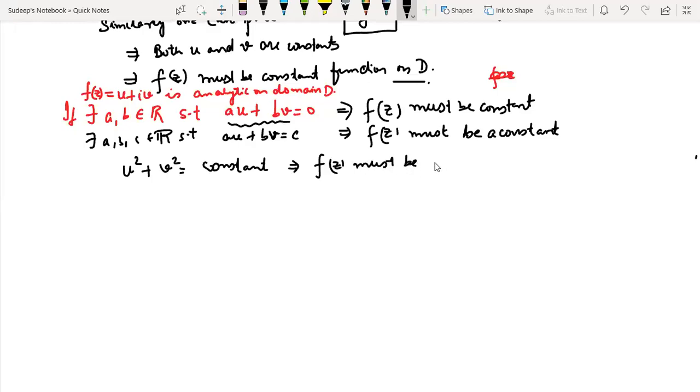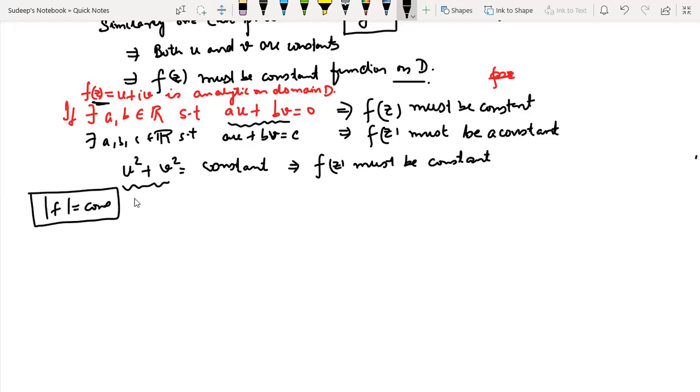And if you remember, this particular portion we have already done. Why? I have already taught you that if mod f(z) is a constant and f is analytic on domain D, then f must be a constant function. Other way of putting it, it is writing u square plus v square is a constant.